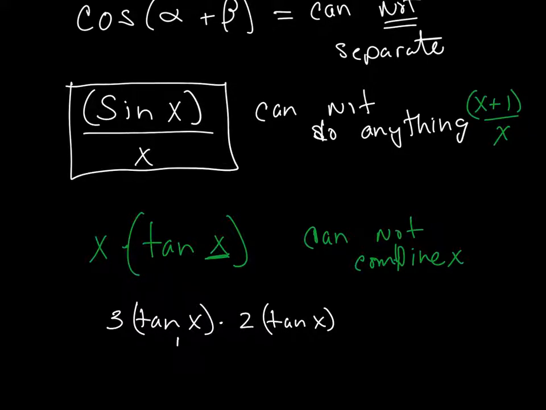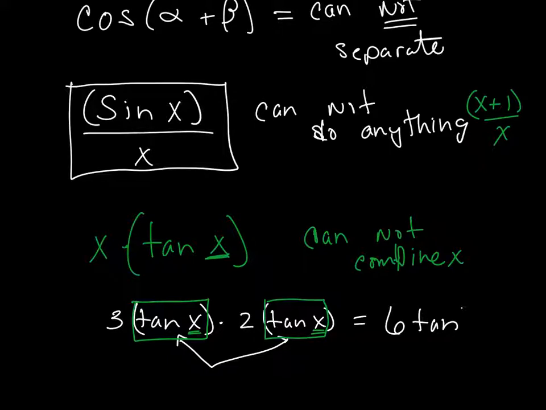Because you are multiplying the tangent of x by exactly the same thing, and the key here is, again, that what is inside here and this have to be exactly the same thing, including that variable there. Then I can say that would be 6 times the tangent of x. Think of that as squared, which means that is 6 times the tangent squared of x.